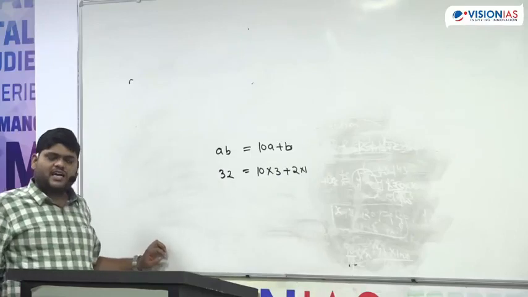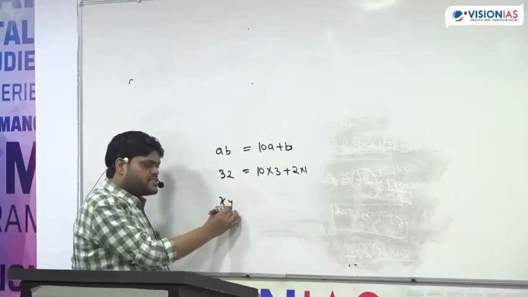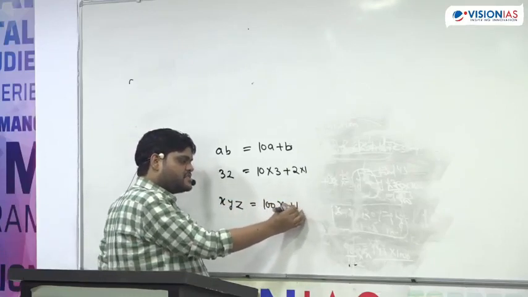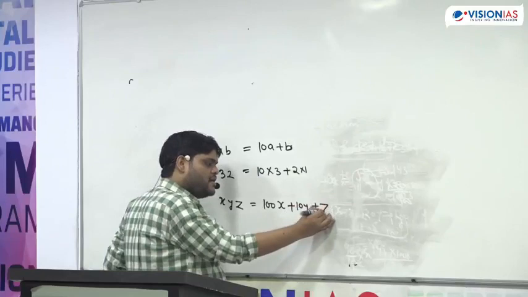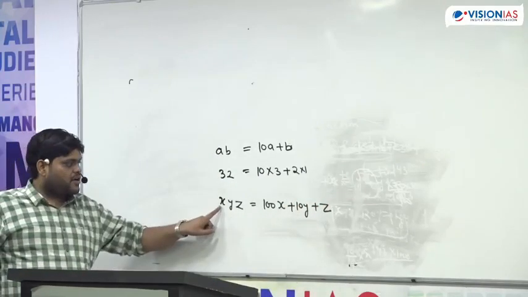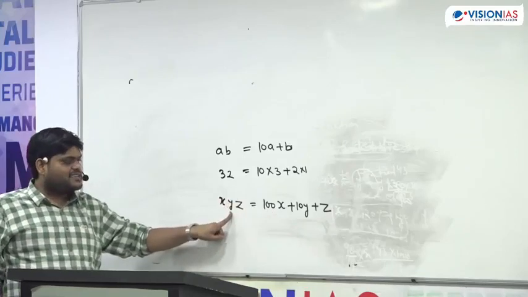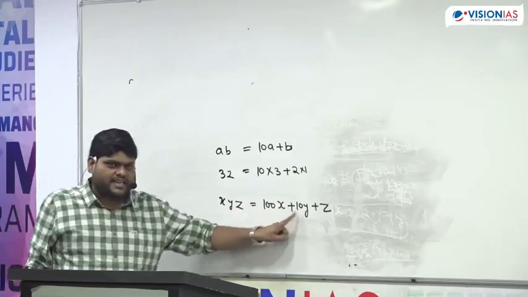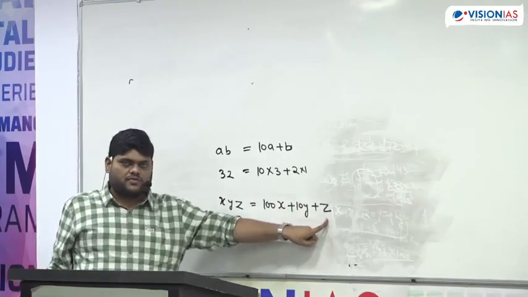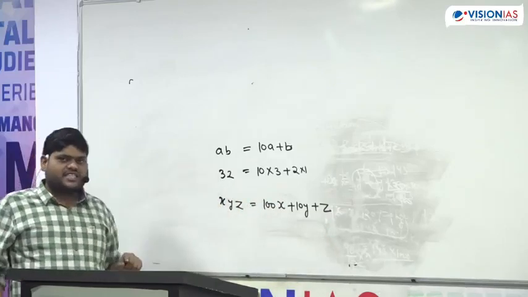So this becomes 32. Like this, we will always take a 3-digit number as 100x plus 10y plus z. Why 100x plus 10y plus z? Because this is the 100 place, we multiply by 100. This is the 10th place, we multiply by 10. This is the unit place, we multiply by 1.